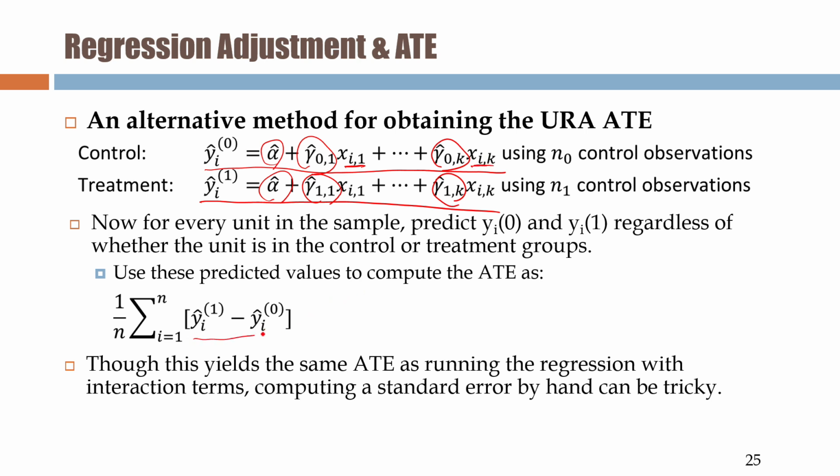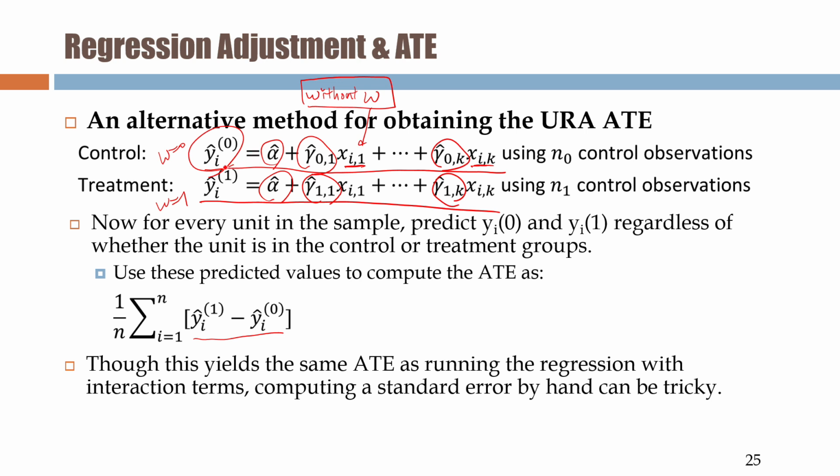And then calculate the difference. Here we are not using the w, because in one model everybody's w is 0 and in the other everybody's w is 1, so I don't use w as an independent variable.